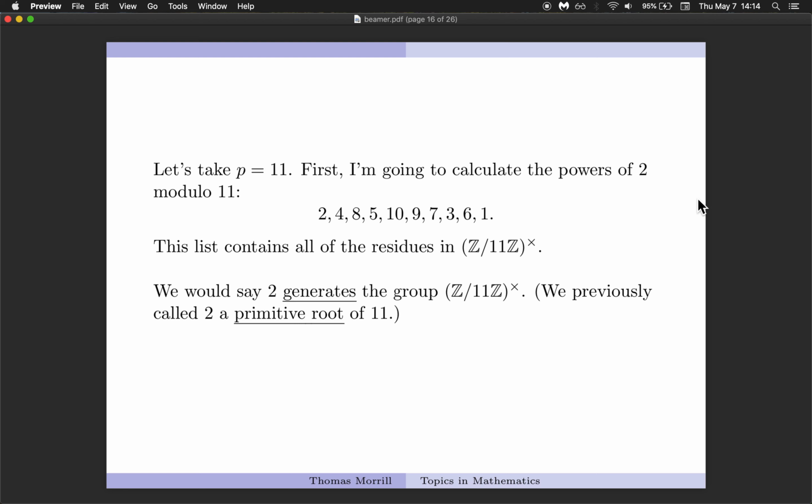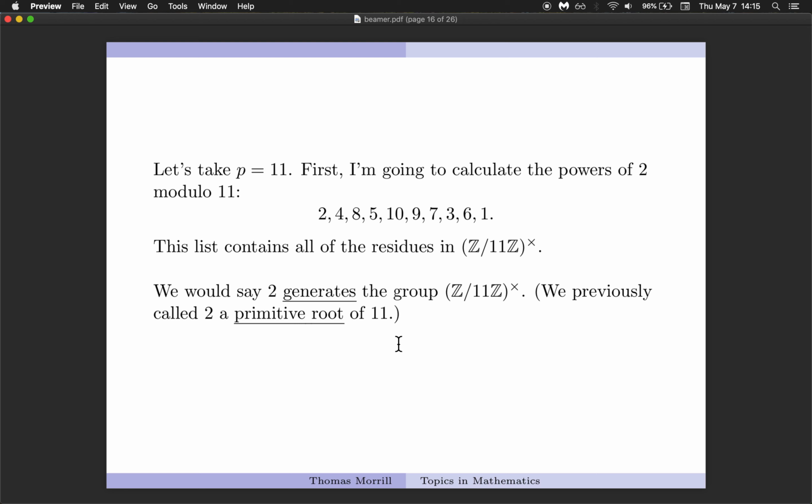So the vocabulary I would use here, previously I've said that 2 is a primitive root of 11. That is particular vocabulary when we are working in modular arithmetic. Primitive root just means that every element of this set is some power of 2. 2 has order 10. Those are equivalent statements.